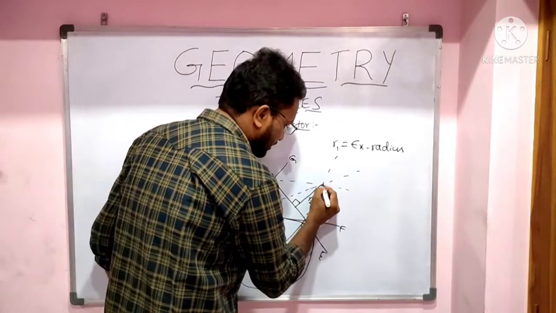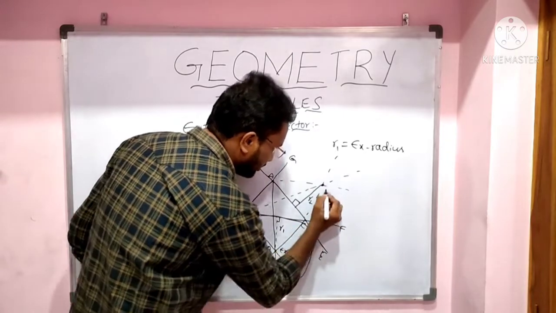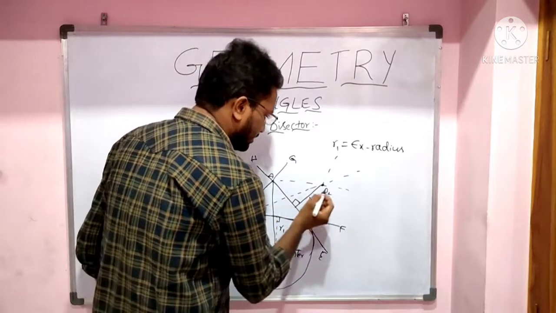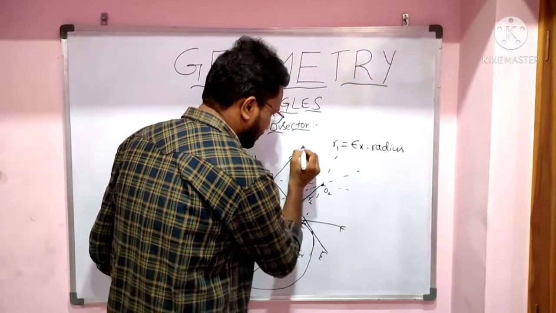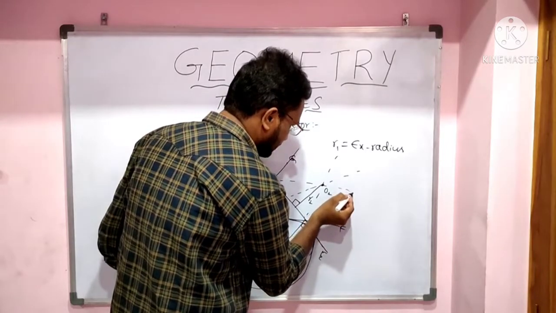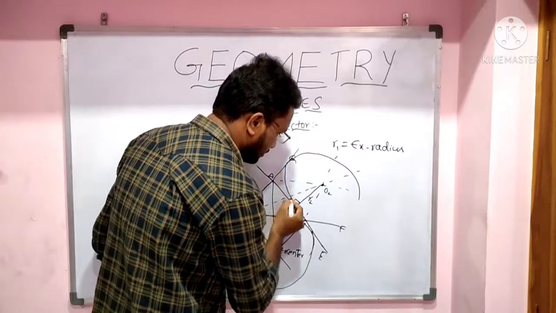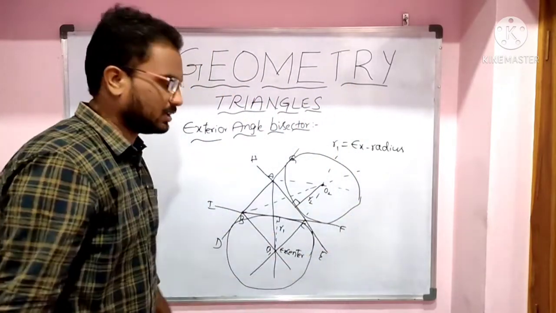If you take this O2 as the center and R2 as the radius and draw a circle, the circle is like this. This is the excircle.